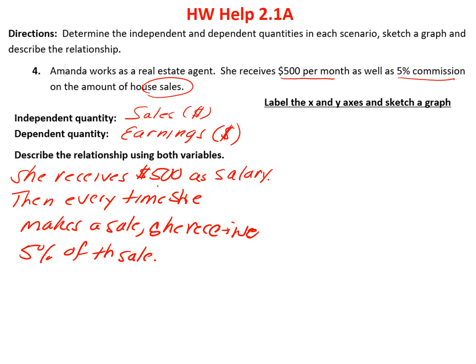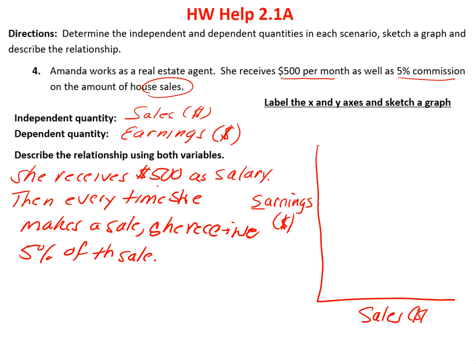Now, how would we write this out? If I draw my graph here, our independent is the number of sales she gets, and that's in dollars. Our dependent is the earnings she makes, and that again is in dollars. And we know that even when she has 0 sales, she makes $500.